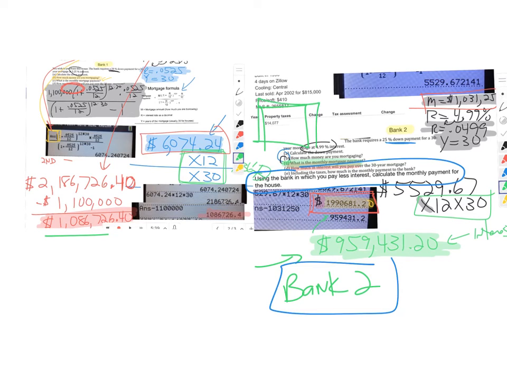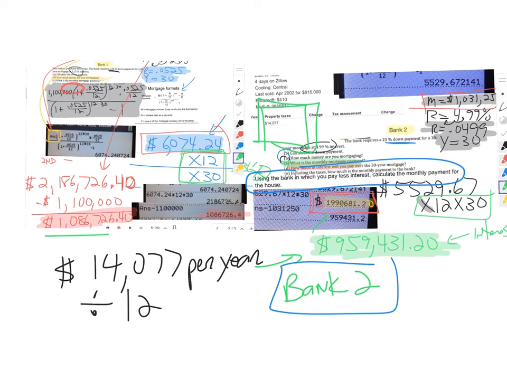Well, here they tell you the property taxes for this house are $14,077. That's per year. So what we're going to do is we're going to calculate what the taxes would cost you per month by dividing that value by 12.